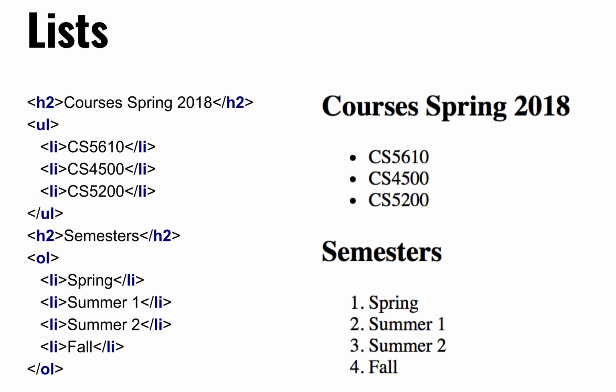There are two particular types: the unordered list, which is just bullets, or the ordered list, which is 1, 2, 3, 4. So here's an example for courses, semesters, listing them. We're going to use this theme throughout the semester of universities, courses, students, faculty. That's the theme for the whole semester.